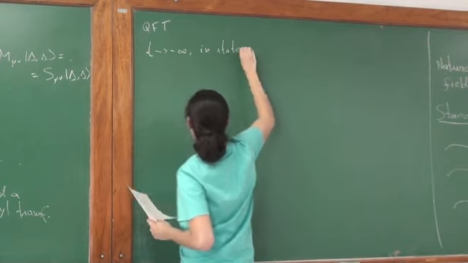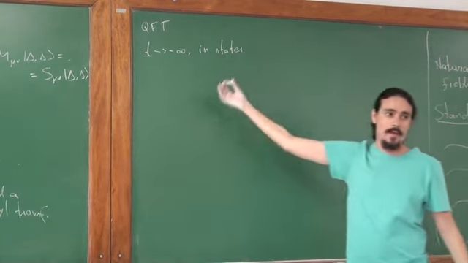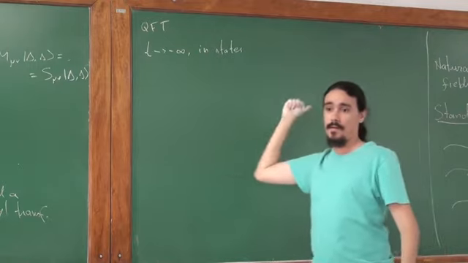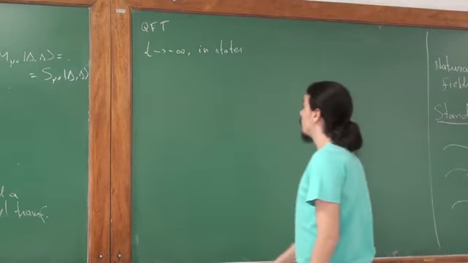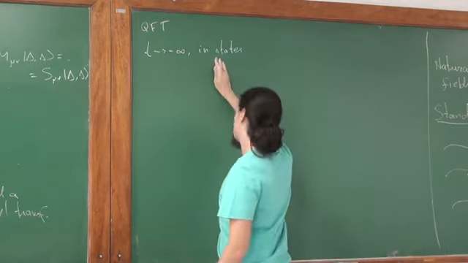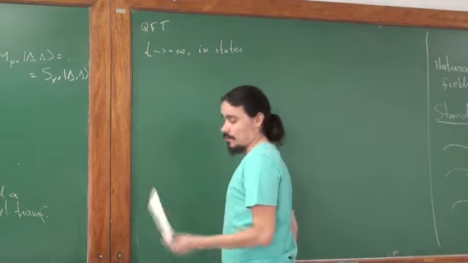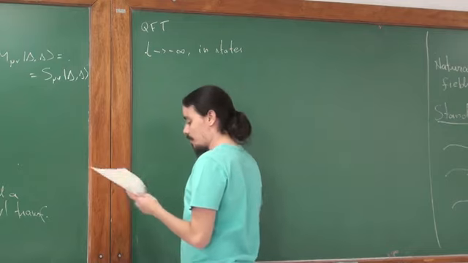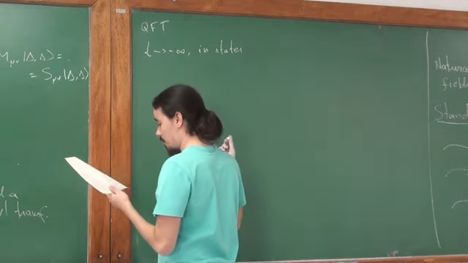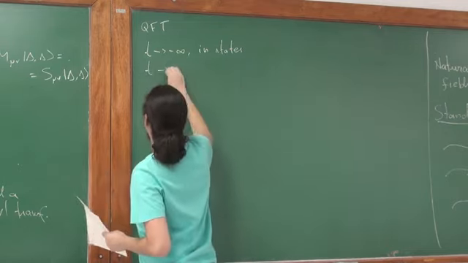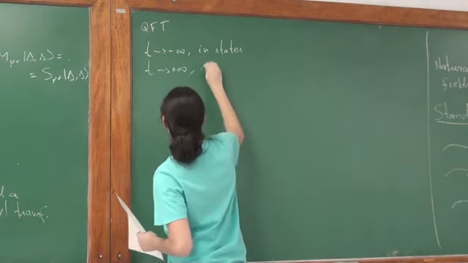You suppose that there are no interactions in the far past, so we can prepare in the lab some in states. Then we measure whatever comes out in the far future. So these are the out states.